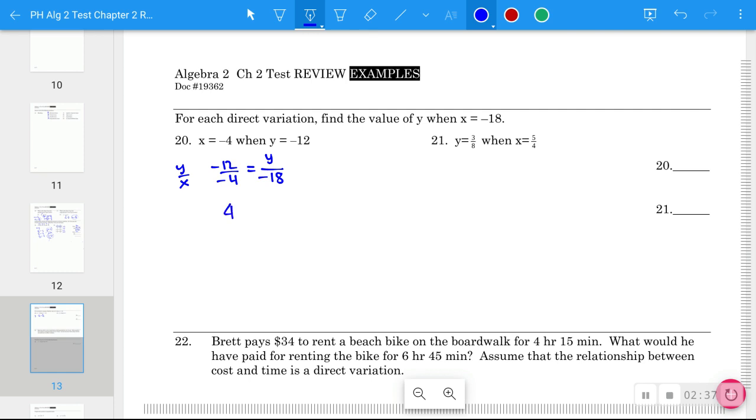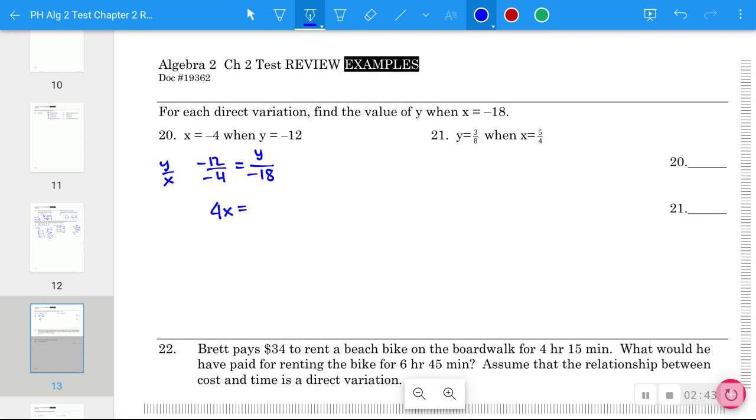So you get negative 4x equals, and that's this direction, negative 4x actually. And in the other direction, 12 times 18. So give me a second here, 12 times 18. That's going to be 96 there.